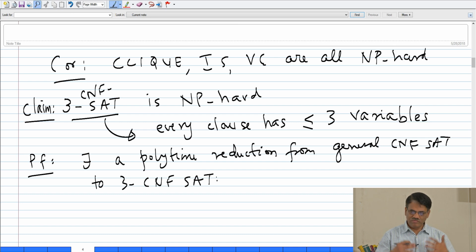Okay. So what do I have to do? You take a general SAT formula. It will have clauses of different sizes. If something has more than 3 variables, somehow I want to transform it.